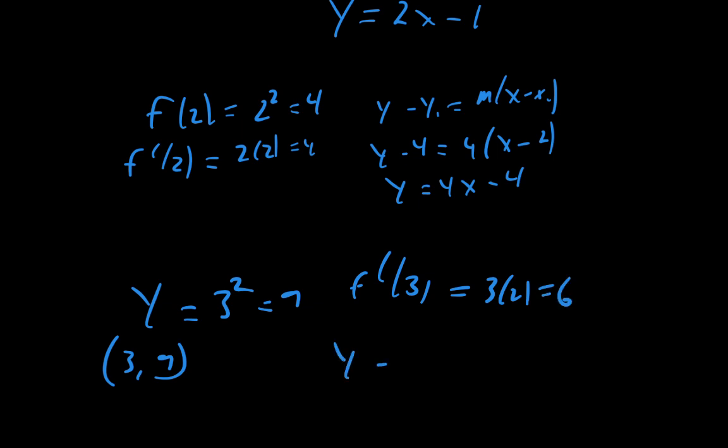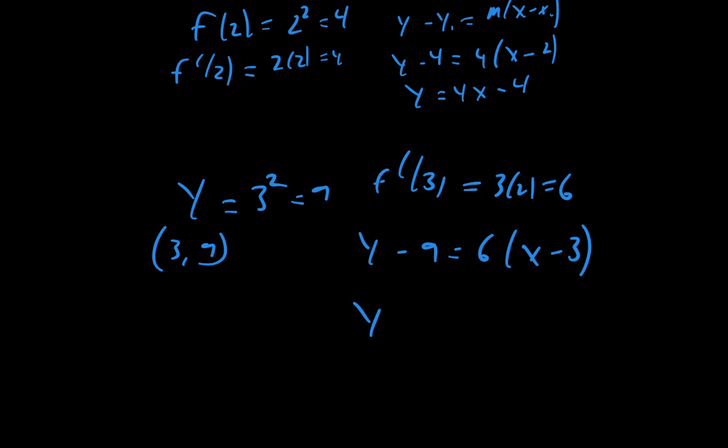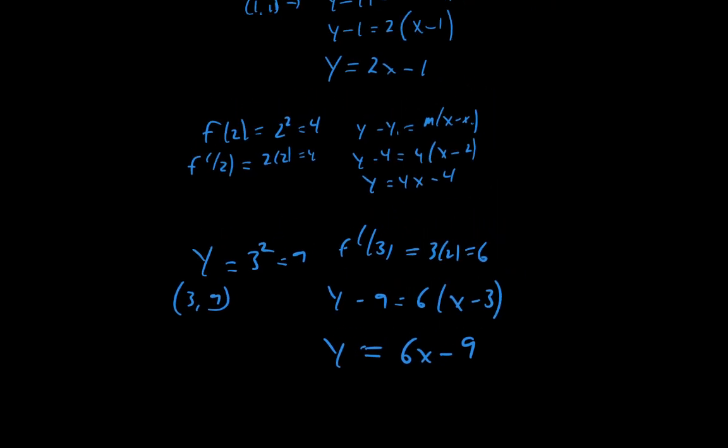So y minus 9 is equal to 6 times x minus 3. y is equal to 6x minus 18 plus 9. Well, minus 18 plus 9 is minus 9. 6x minus 9 then. And these are the three equations for the first 3 points.